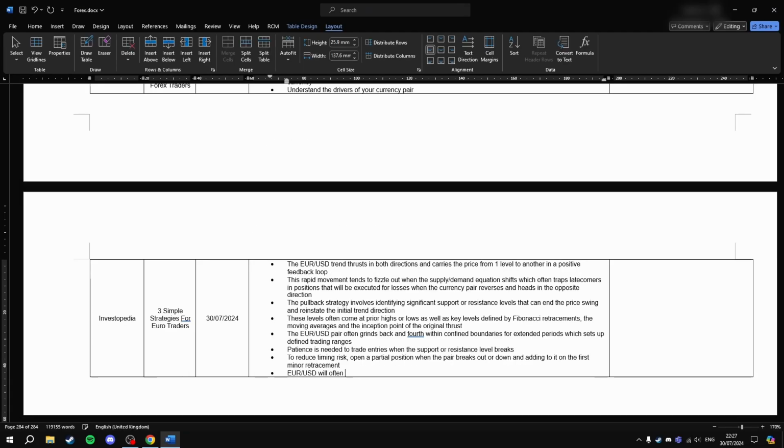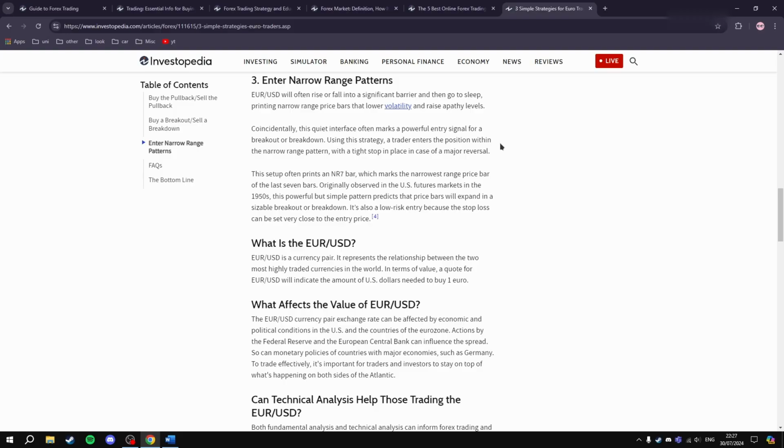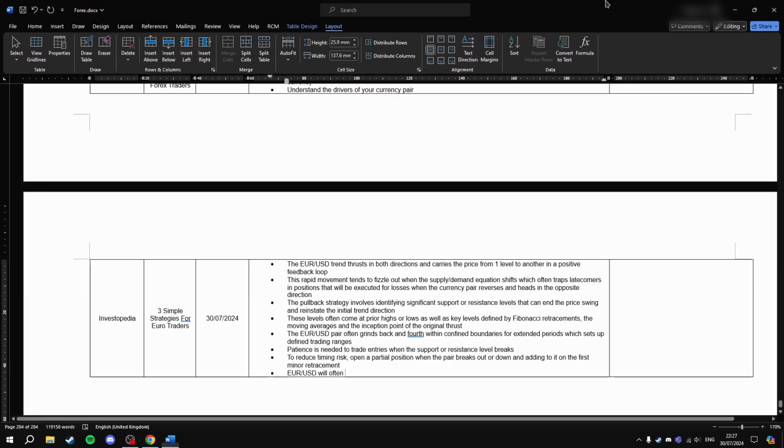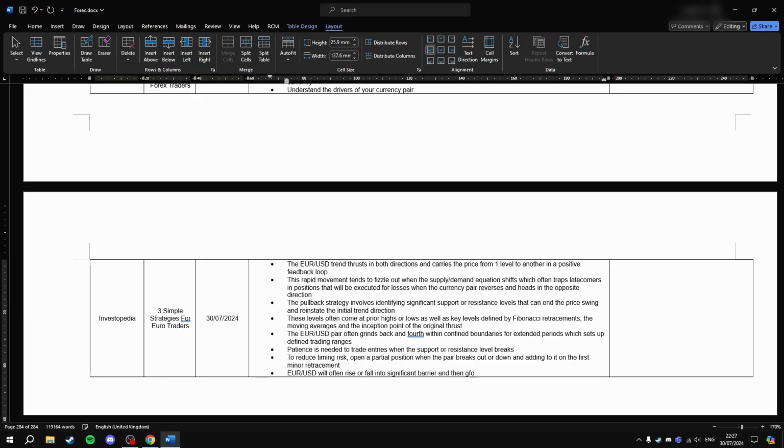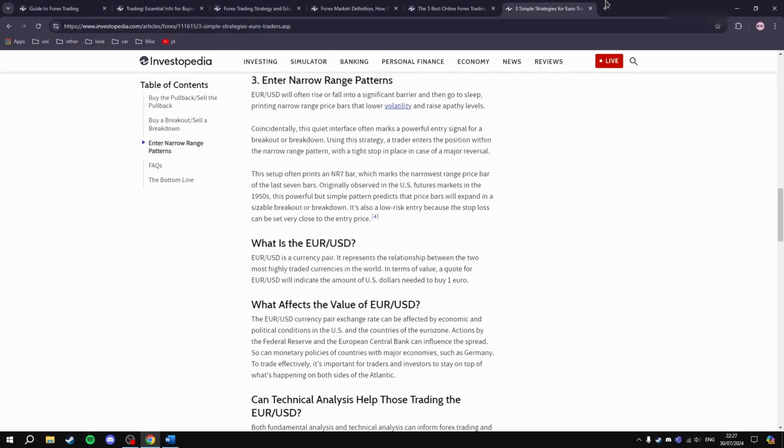Euro USD will often rise or fall into a significant barrier and then go to sleep. So consolidate basically, printing narrow range price bars.